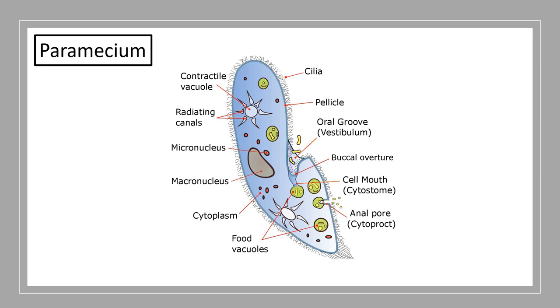If the water just kept coming in and coming in, the cell would pop. So these canals that you see actually pull water towards this contractile vacuole, and the vacuole will literally spit the water out of the cell so that the cell has the proper amount of water inside. Otherwise, it would either be too dehydrated or would pop because of having too much water inside.